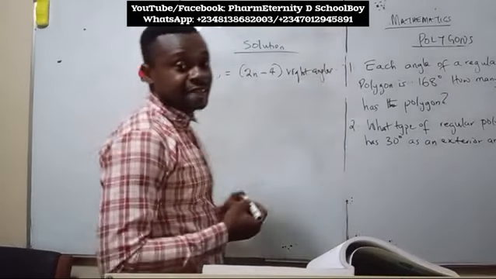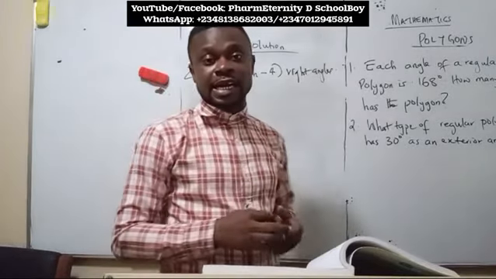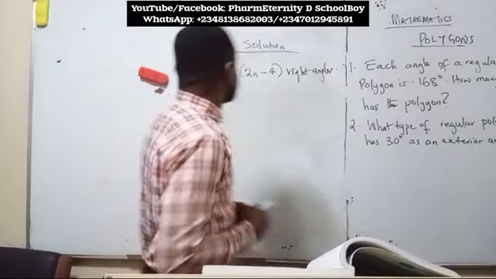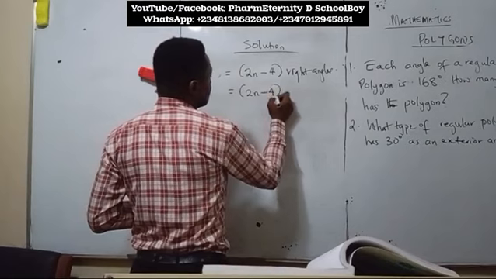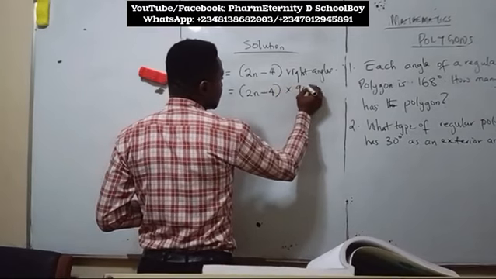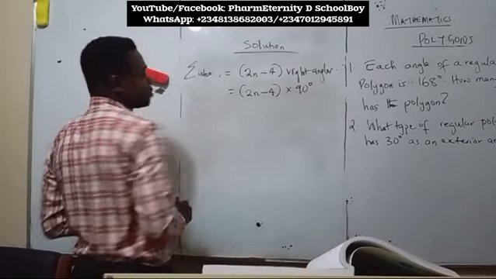Of course, by right angle, you know what a right angle is. A right angle is 90 degrees. So in other words, it is 2n minus 4 times 90 degrees. This is the implication.